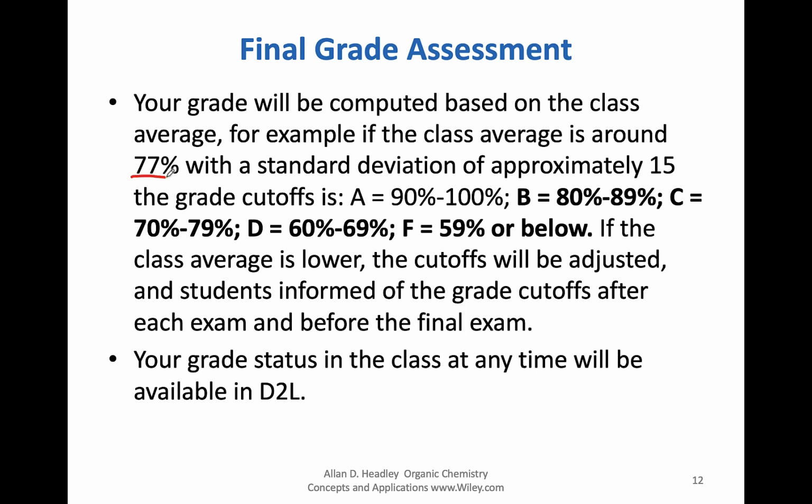If the class average is around 76, 77, 78%, I will use the standard cutoffs: 90 to 100 A, 80 B, 70, etc. If the class average for any one exam or combined exams is below 70%, I will compute a new cutoff which will be lower than these, and let you know what those cutoffs are after each exam, so that you know exactly your letter grade.